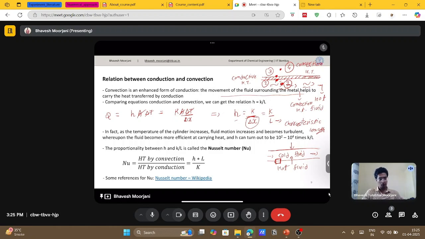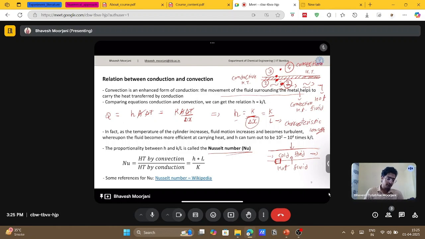So if you want to quantify it, this dimensionless quantity, which is known as the Nusselt number, is used. Nusselt number gives you the ratio of heat transfer by convection to conduction, and it is given as heat transfer coefficient into characteristic length divided by the thermal conductivity, right?